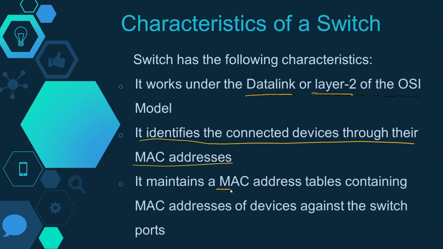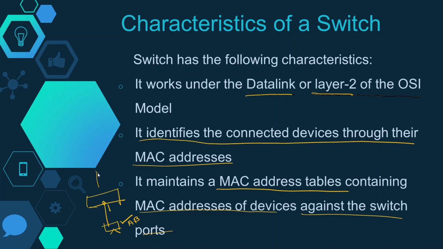It maintains a MAC address table containing MAC addresses of devices against the switch ports. What that means is that, let's suppose this is a switch and here a device is connected to it. Now the switch knows, let's suppose this is port 1, that to port 1 this device is connected having a MAC address, let's suppose AB.